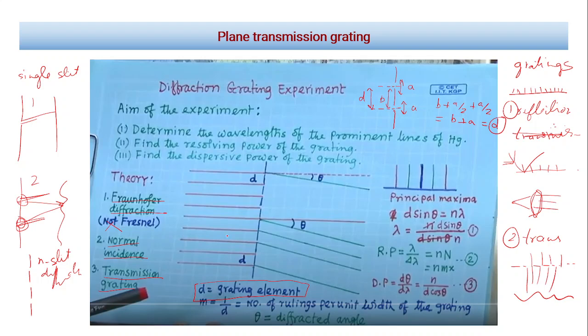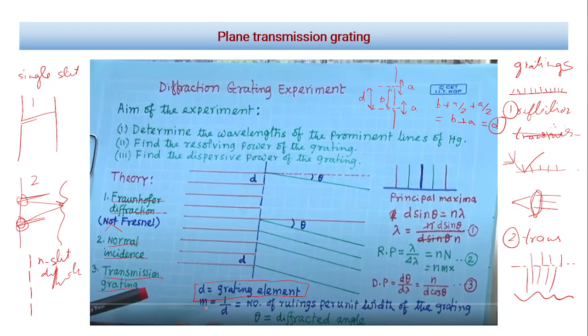For gratings we call it the grating element, which elsewhere we were calling the distance between two gaps or slits. Here we call it the grating element because there is a very high number of openings. We have shown only a few, but actually there are a few thousands per centimeter or per inch. So this is the grating element.